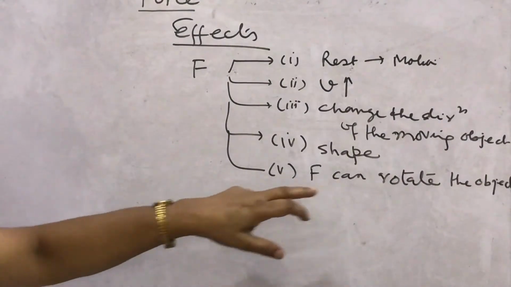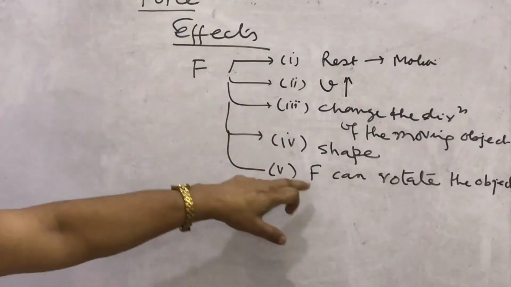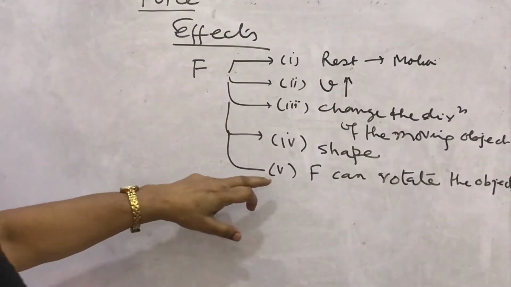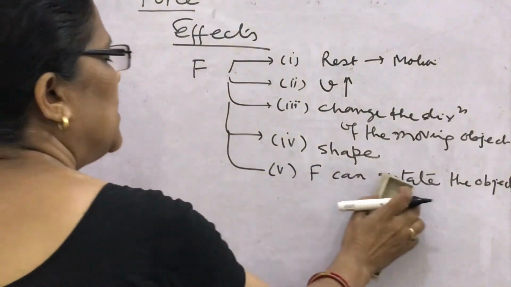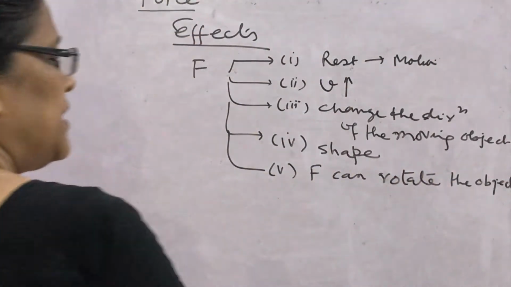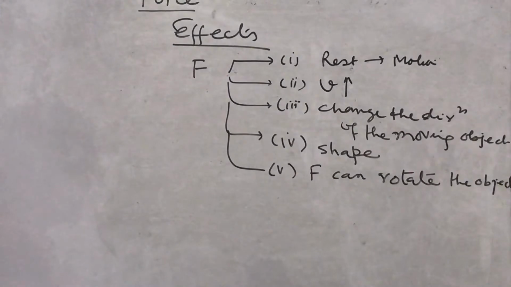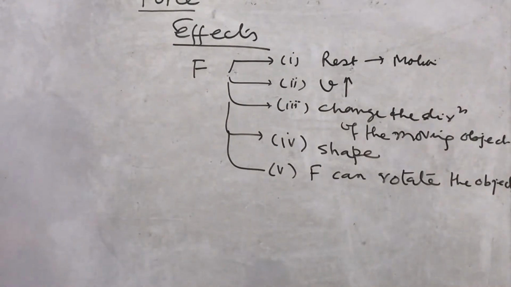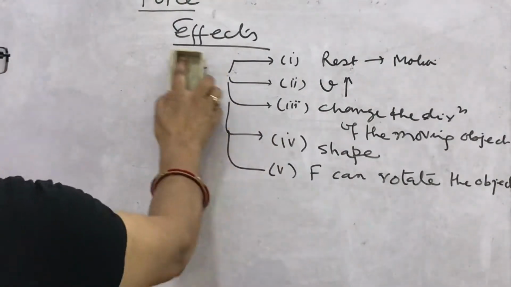Now look, what are the effects of force? What is the effect of force if the object starts rotating? You know, in a rigid body, when force is applied on it, two types of motion are possible.